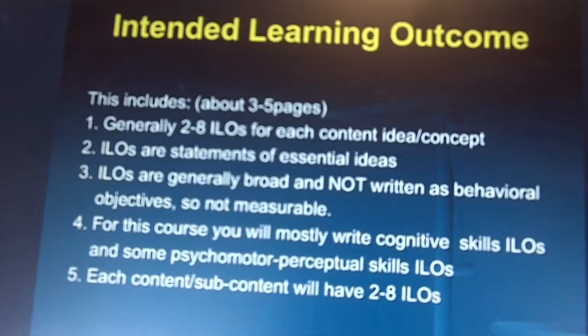So for example, when we write teaching strategies in our curriculum, then based on the intended learning outcomes, we can decide what kind of teaching strategies will be appropriate for which components of the curriculum. So that is an important aspect of it.